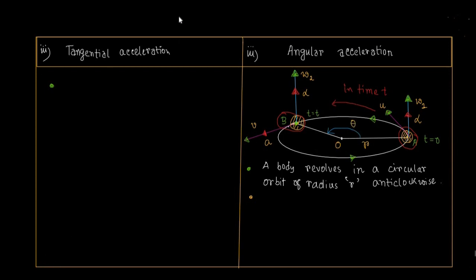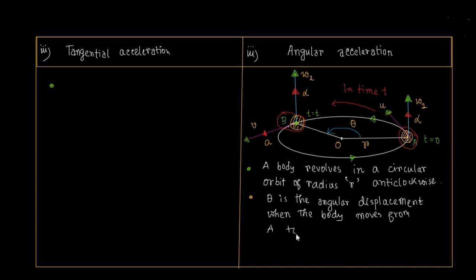Theta is the angular displacement of the body when it moves from A to B along the circular orbit in time t second.